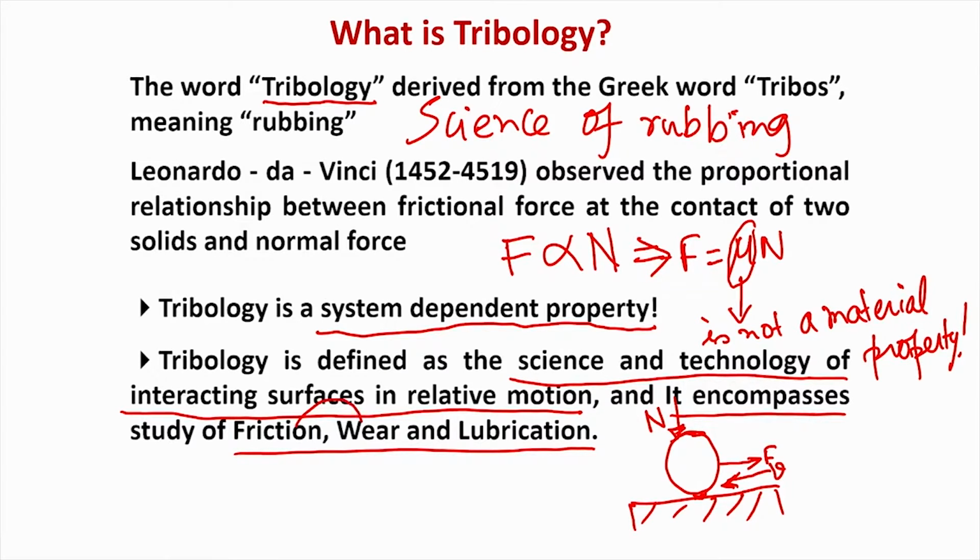So, friction and wear, these two properties are system dependent properties, as well as lubrication, but friction and wear do not have direct correlation. What it means is that a particular tribological system can experience low friction but high wear, or at the same time a particular tribological system may experience high friction but low wear.